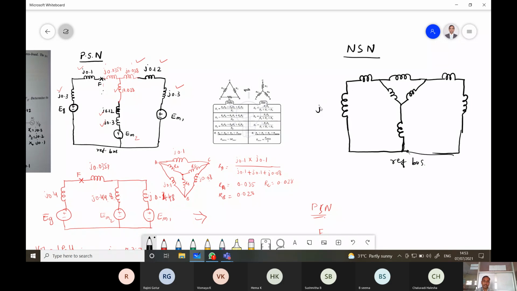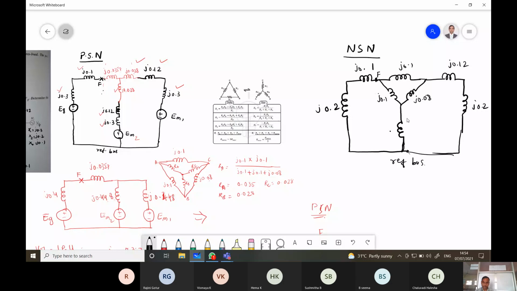So this one is J0.2, J0.1. So the fault is here. This is J0.1, J0.1. This is J0.08, J0.12, J0.2.